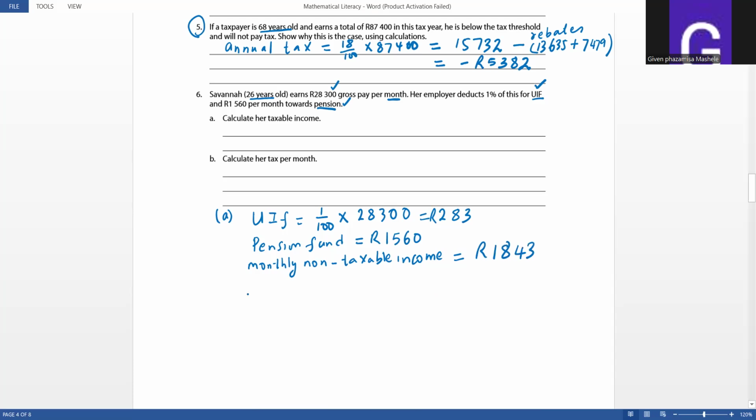So now we're going to say the monthly taxable income would be the monthly gross salary minus the deductions, the monthly non-taxable income.